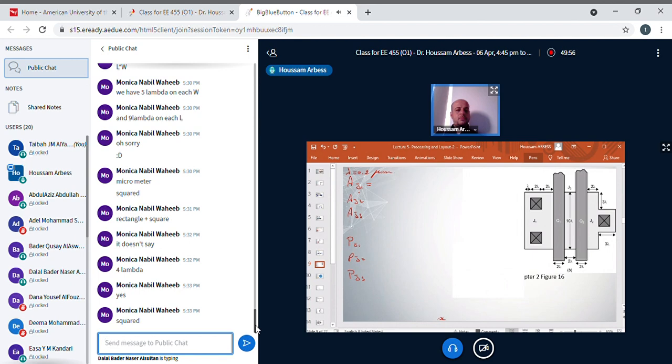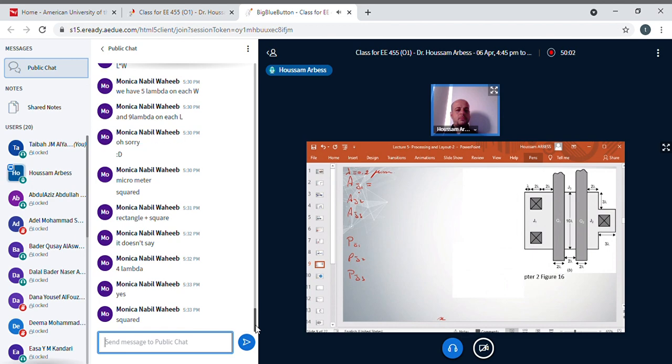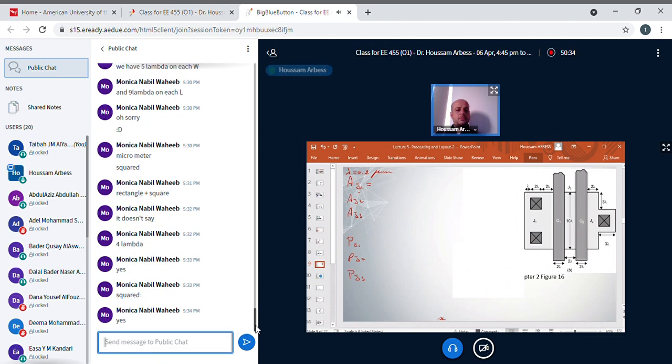Equals what? 20 lambda squared, which means 20 multiplied by 0.04. It's like 2 multiplied by 0.4, so 0.8, plus 12 lambda squared. So 12 times 0.04 is 0.48, correct? Equals 1.28 micrometer squared.